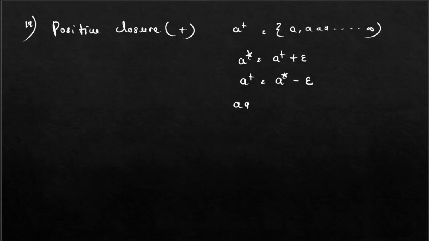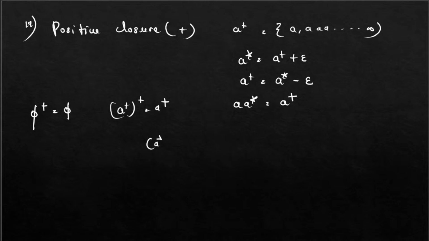These are the properties which you should remember. And phi plus is nothing but phi, and A plus, this plus is nothing but A plus. Okay, and this (A star B star) plus is nothing but (A plus B) star.